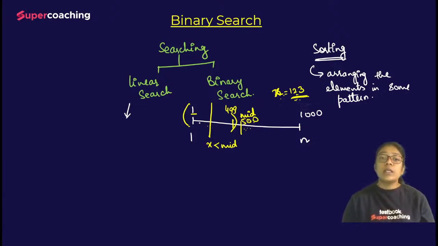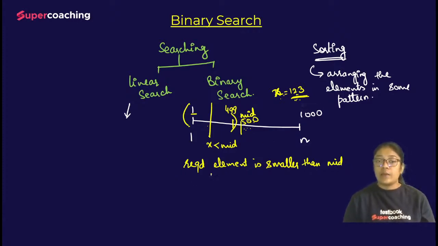Otherwise, go to either the left side. अगर required element smaller है than the middle element, तो कौन सी साइड पे जाएंगे, then we'll be going to the left side because smaller elements are present on the left hand side. Go to the left hand side.